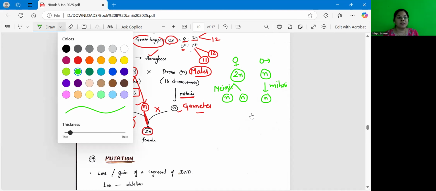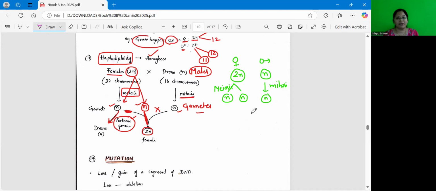Out of two gametes from females, one gamete will go with the males to form diploid again, and the remaining set of the gametes will simply undergo parthenogenesis to form the males. Again, this 2n will be our females, and this single ploidy will be the male. So this is how we see the sex determination in case of honeybees, that is haplodiploidy type of sex determination.